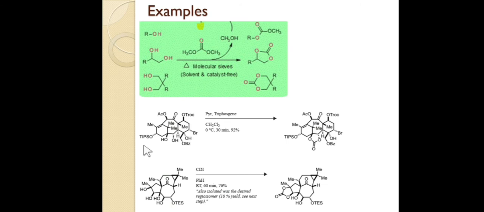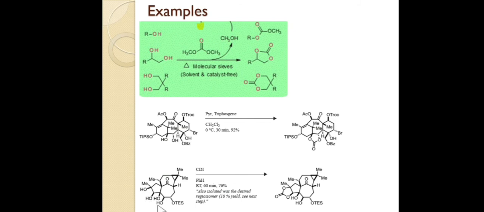It gives us very good examples of protection and deprotection. In Taxol, by using triphosgene, we protect these two OH groups. The 1,2-diol is protected using triphosgene to give the carbonate. This is the structure of the carbonate.